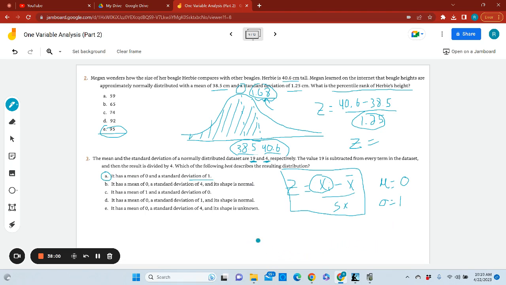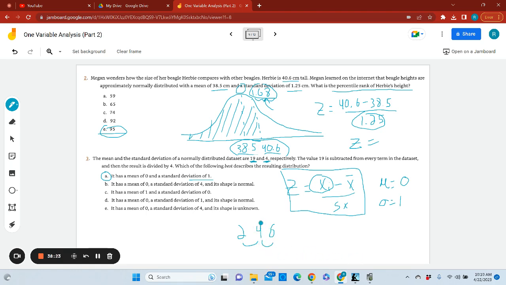Okay, you can even just think about a simple list of numbers, right? Let's just think about the data set 2, 4, 6. Okay, the mean here would obviously be 4, and the standard deviation would be 2 because the numbers are 2 apart, right?